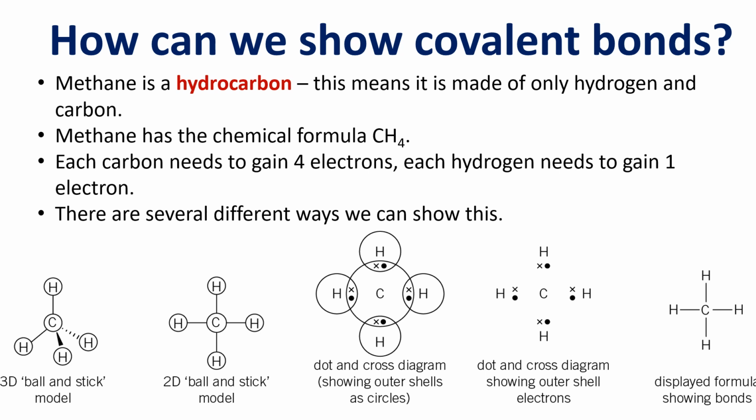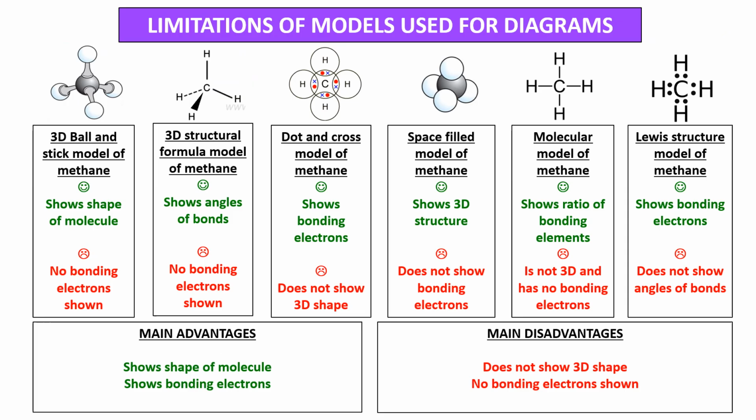And you might say that the dot and cross diagram shows you the bonding electrons, but doesn't show you the angles of the bonds in the model. So looking at models and finding out their limitations, their advantages and their disadvantages.